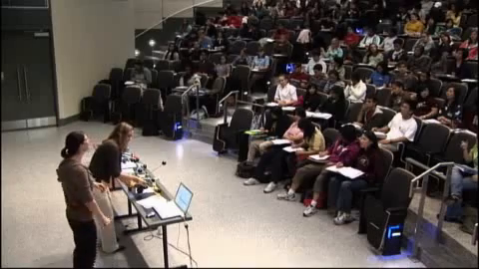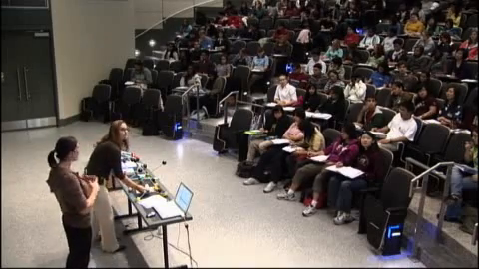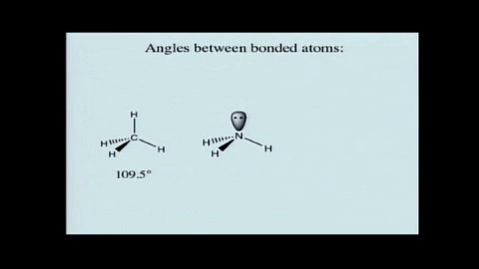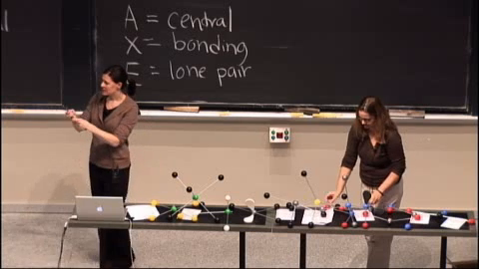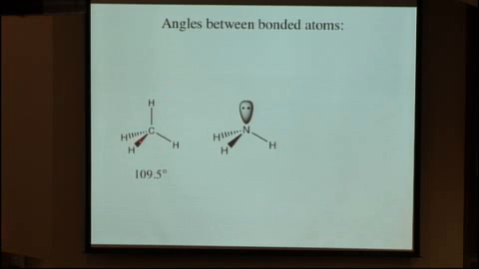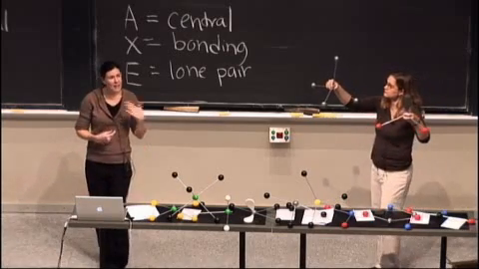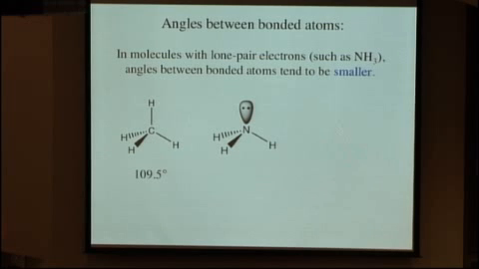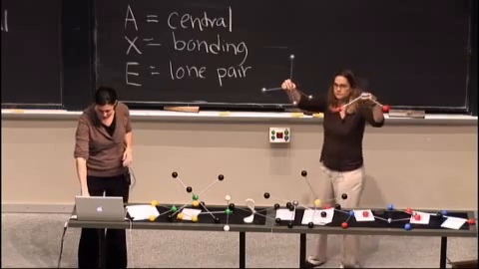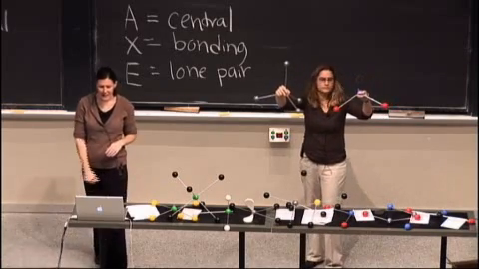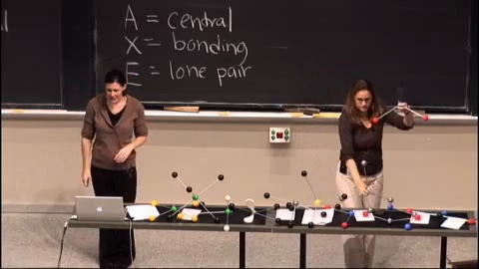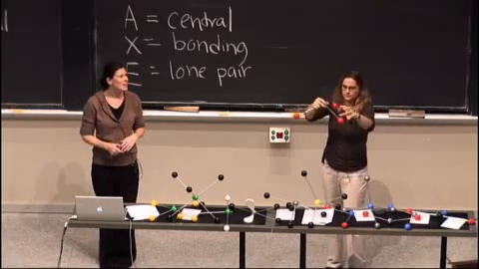All right, so let's talk a little bit now about what the actual angles are between bonds when we have these lone pairs present. And remember, what we said is when we have a lone pair of electrons, they actually are going to have more repulsion than if we just have a CH bond or a bonded pair of electrons. So essentially, in molecules that have lone pair electrons, for example, if we look at NH3 or ammonia versus methane here, and Professor Drennan is showing those models to you, what you end up seeing is actually that the bonding angle in NH3 between the NH bonds is smaller.